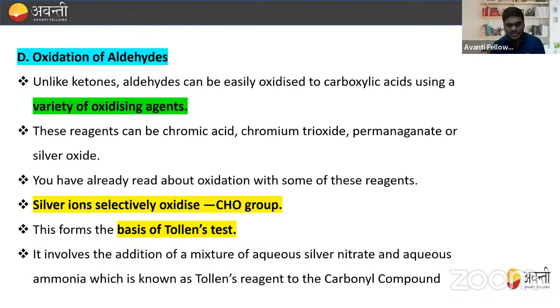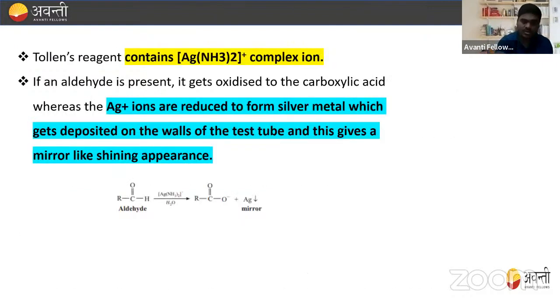Lastly, we already studied the oxidation of aldehydes. Basically, unlike ketones, aldehydes can be easily oxidized to carboxylic acids using a variety of oxidizing agents. These reagents can be chromic acid, chromium trioxide, permanganate, or silver oxide. Silver ion selectively oxidizes the CHO group. This formed the basis of Tollens reagent. It involves the addition of a mixture of aqueous silver nitrate and aqueous ammonia, which is known as Tollens reagent.